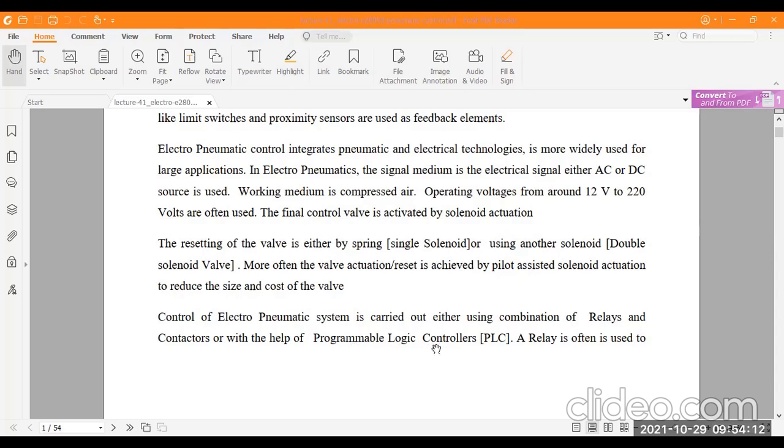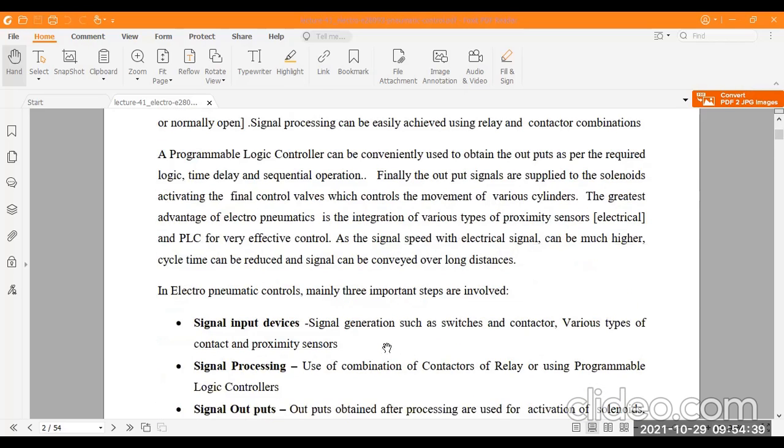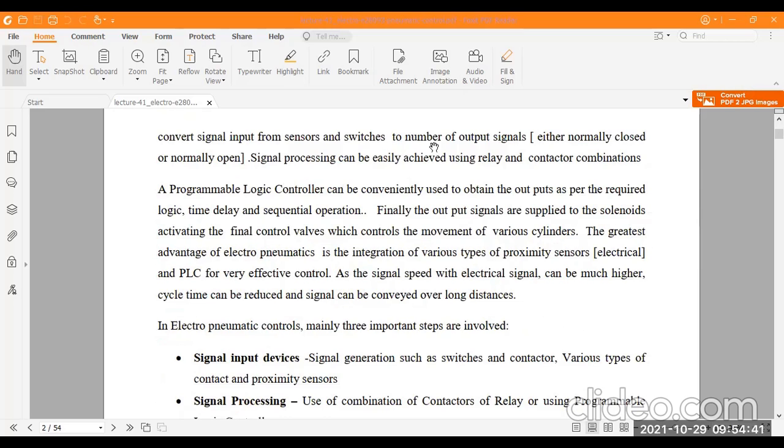This is one device connected to the pneumatic controller system, used to control the pneumatic valve operations. In the programmable logic controller, we do programming in the PLC. According to the given programming language, the PLC works for the pneumatic controller valve. And a relay is used to convert the signal input from the different sensors and switches.